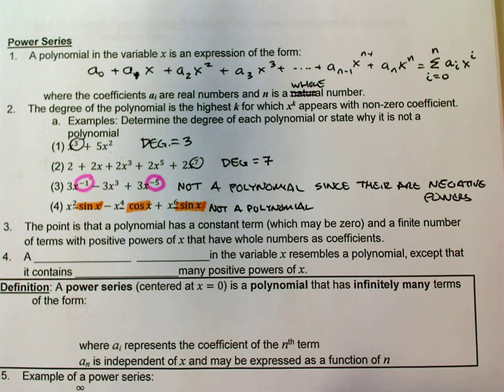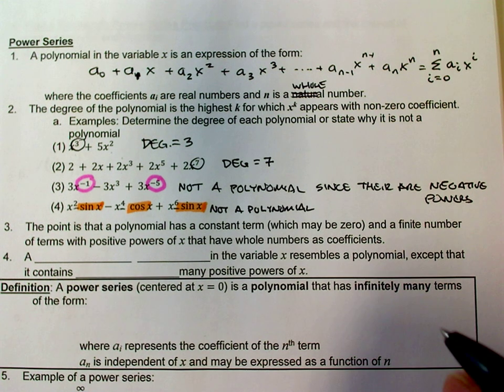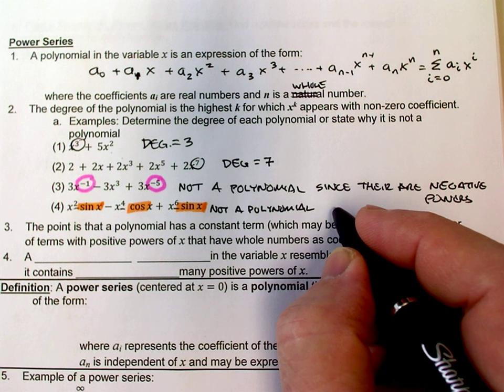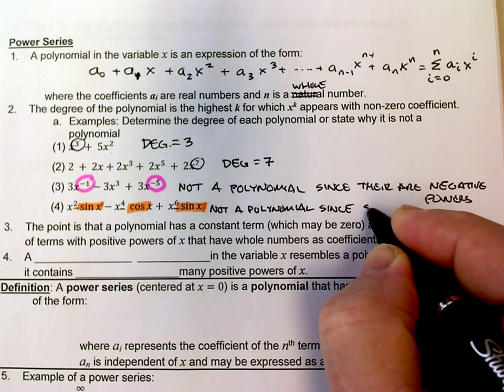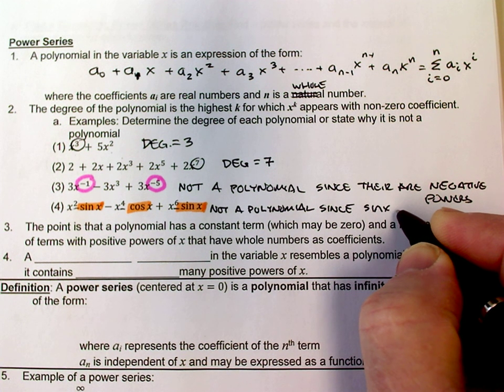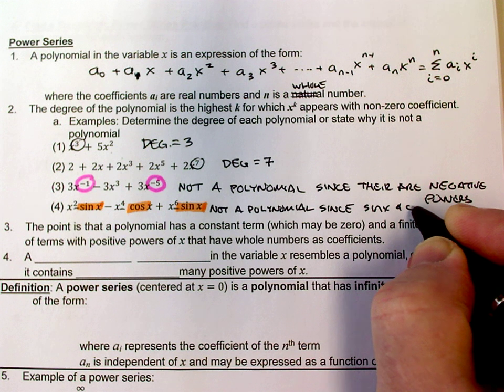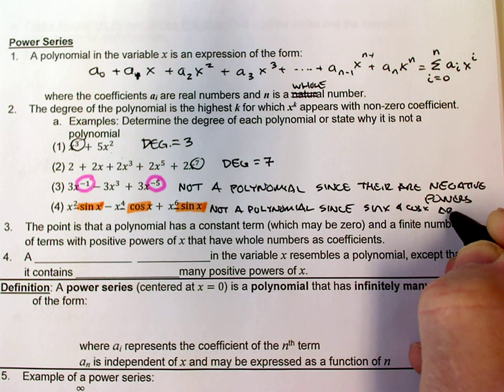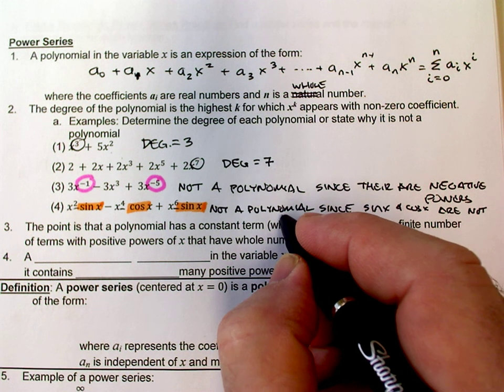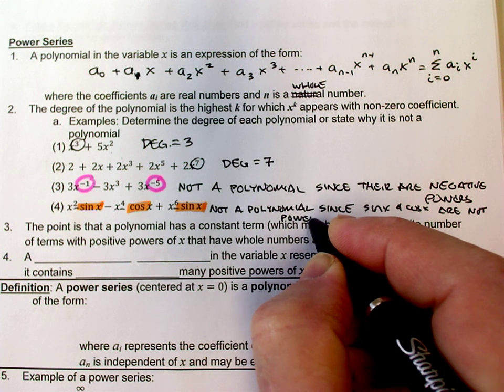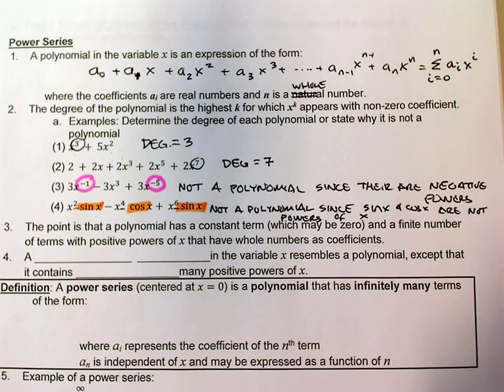In a polynomial, the function can only be powers of x. In this case, sine of x and cosine of x are not powers of x.